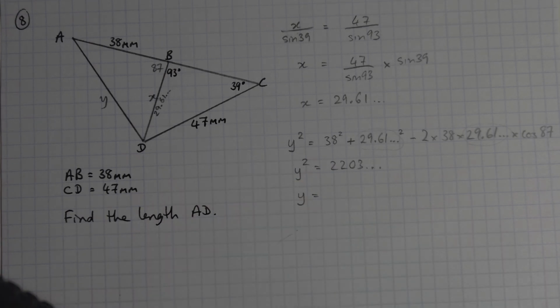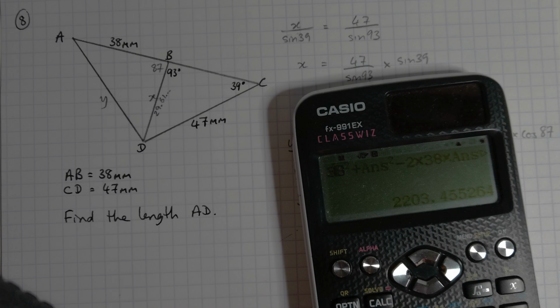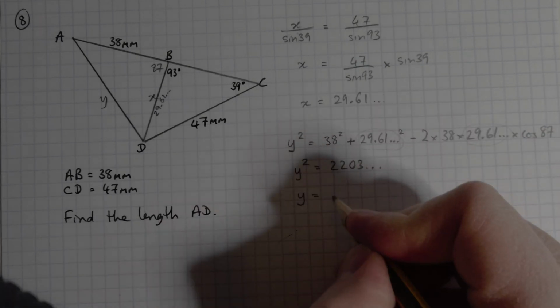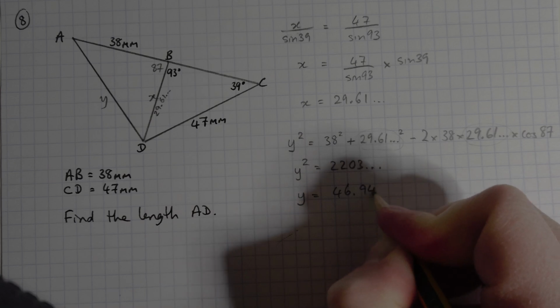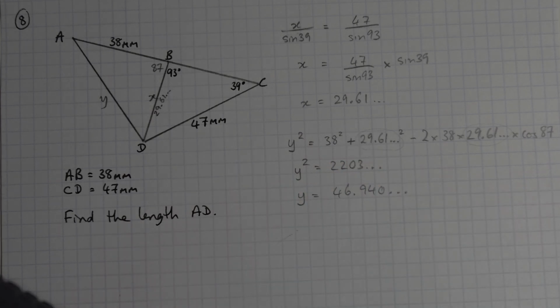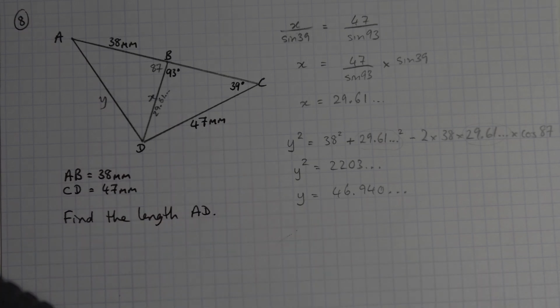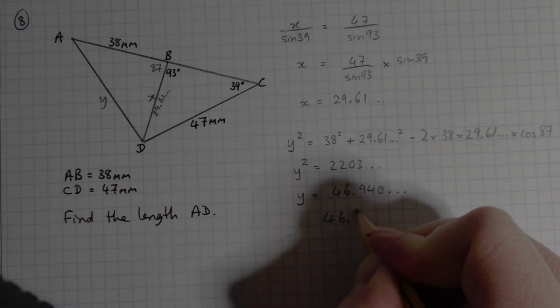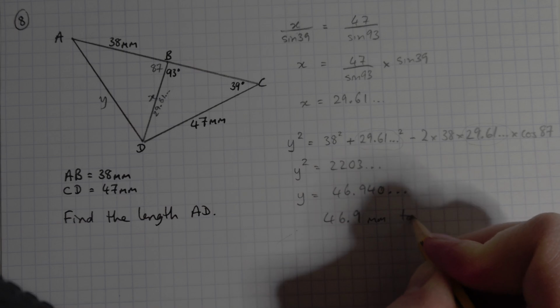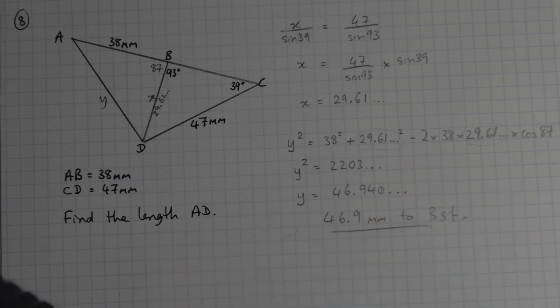So I just square root the answer. So square root that thing there, and I get 46.940, and so on. I've worked out a length. These lengths are in millimeters, so when I round this, I get 46.9 millimeters, correct to 3 significant figures.